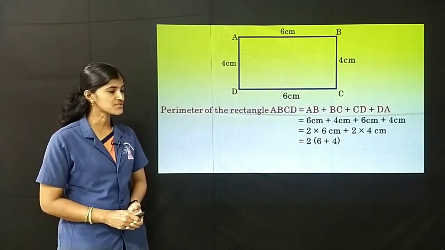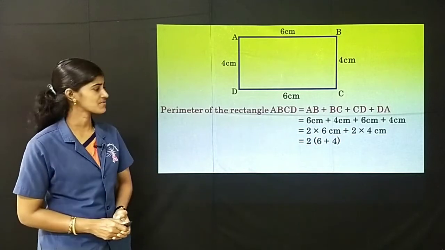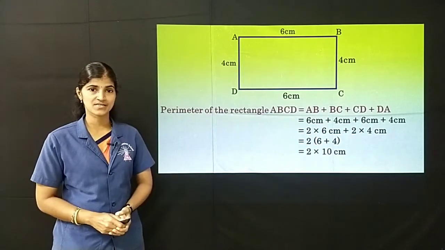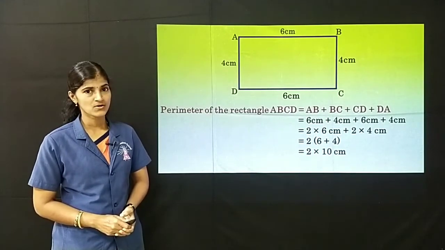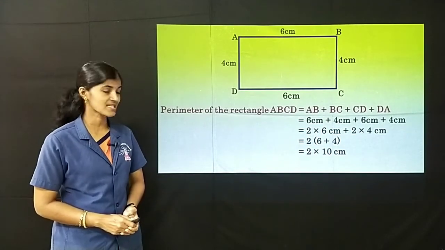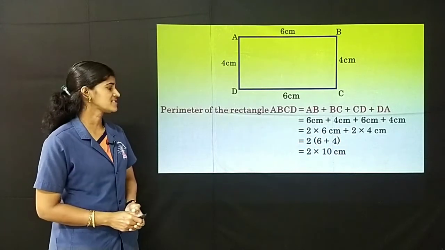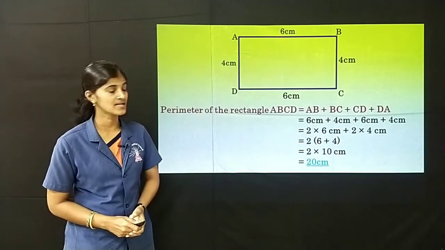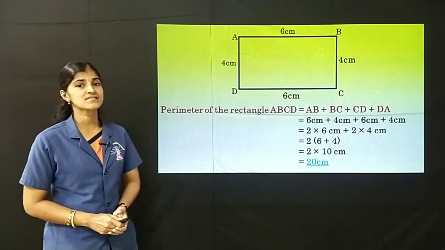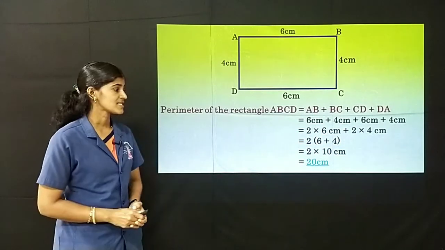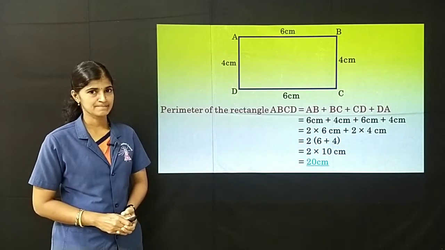Then simplification of that one, 2 into, we can write the sum of 6 plus 4, that is 10 centimeter. The final answer, it is 2 tens are 20 centimeter. So, the perimeter of the rectangle ABCD is 20 centimeter.